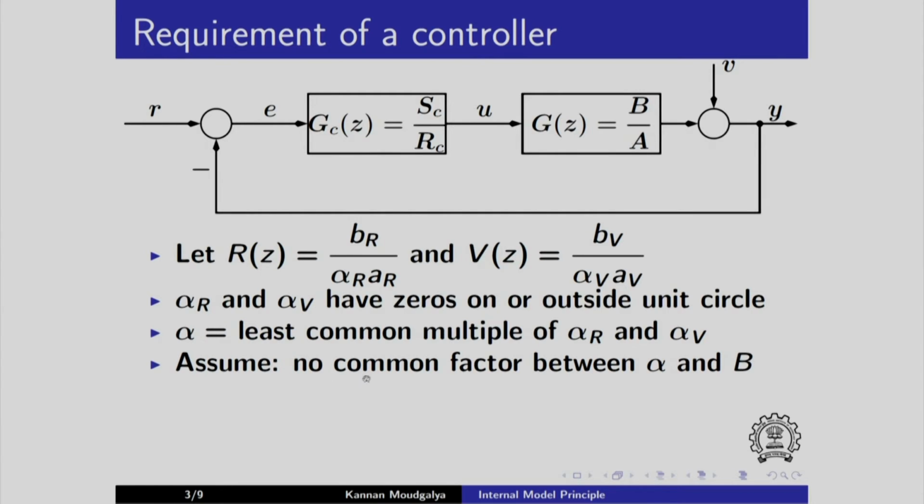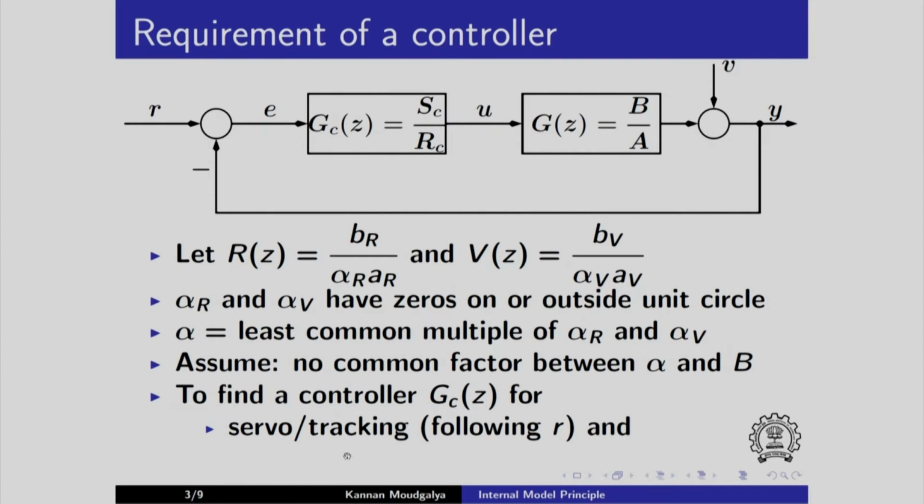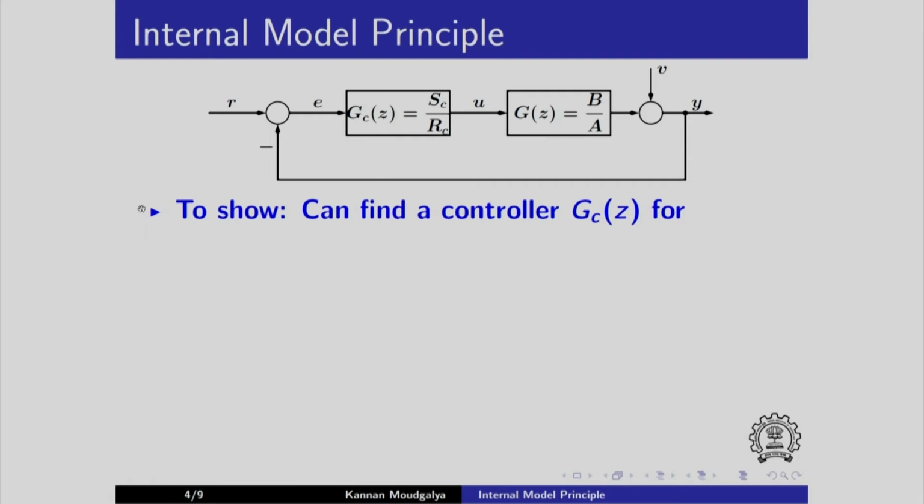We assume that there is no common factor between alpha, which is the least common multiple, and the numerator of the plant B. We want to find a controller GC for servo or tracking problem, that is, this Y has to follow reference signal R, the set point R, and regulation, which is the rejection of the disturbance V that comes here. We need to find a controller GC that will help achieve this, and there should be no error in these two. Okay, let us state the internal model principle now.